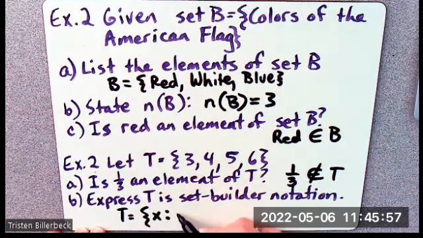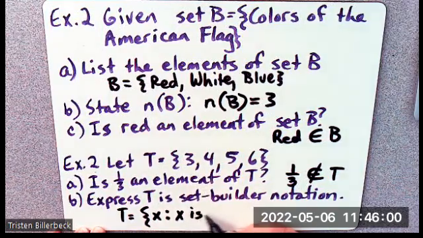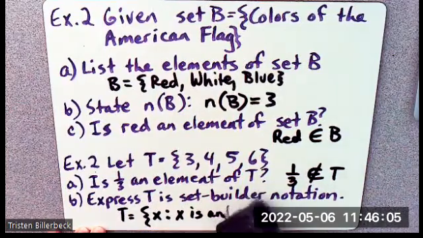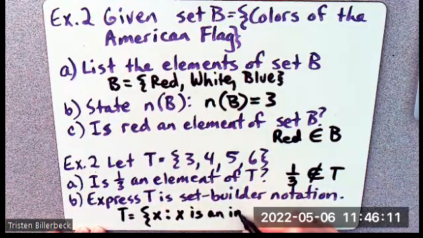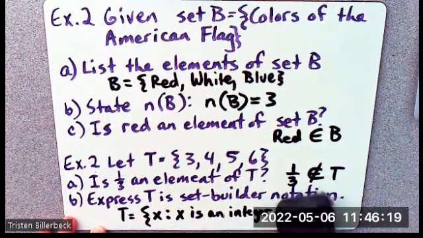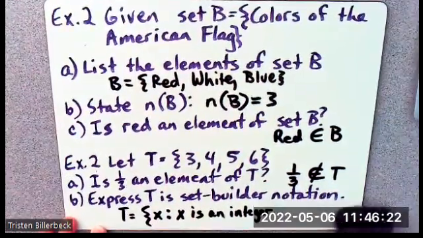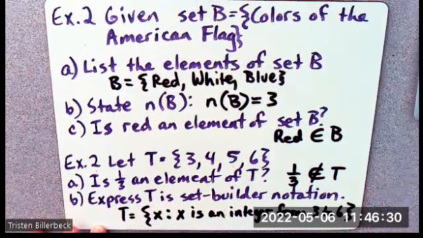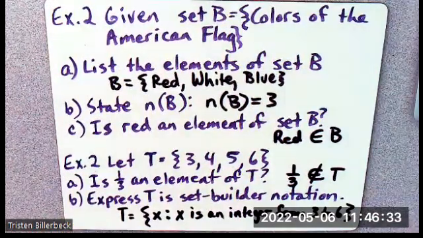And then X is an integer between, from 3 to 6. Let's write it that way, from 3 to 6. Then we've got them all. That would be set builder notation if we just wrote it out.